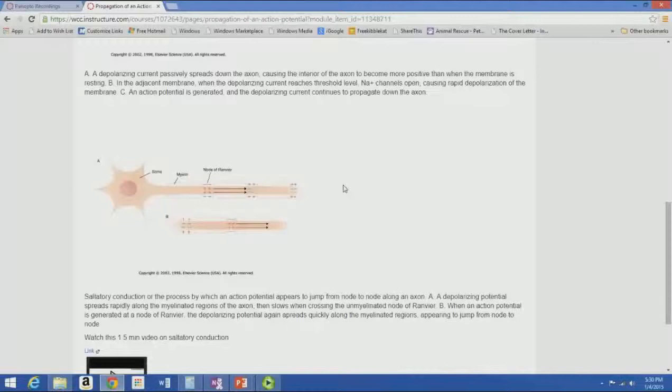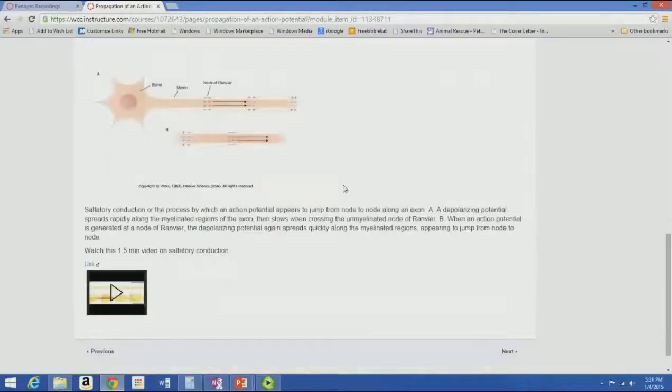It's called saltatory conduction, that hopping from node to node. The action potential appears to jump from node to node along the axon. So when it crosses that unmyelinated node, there are more voltage-gated receptors there, and it moves the charge along.